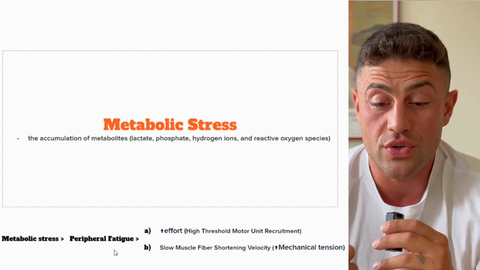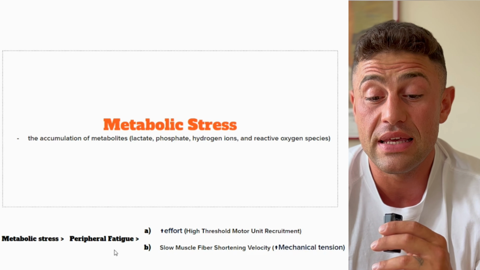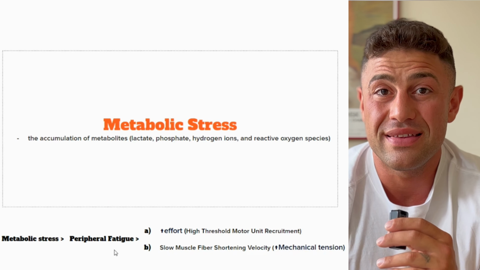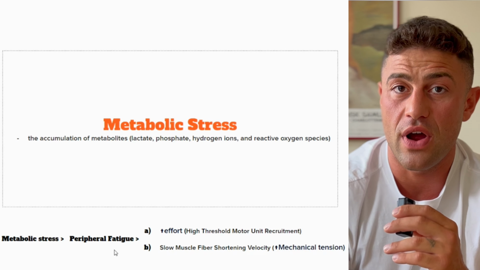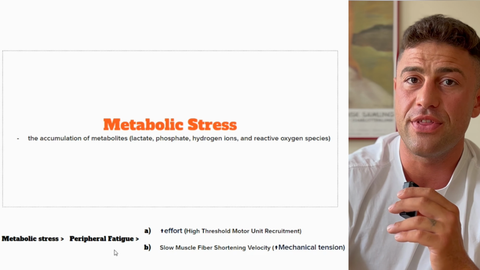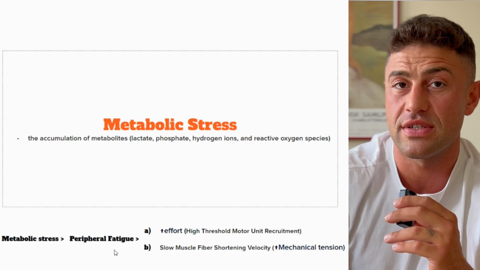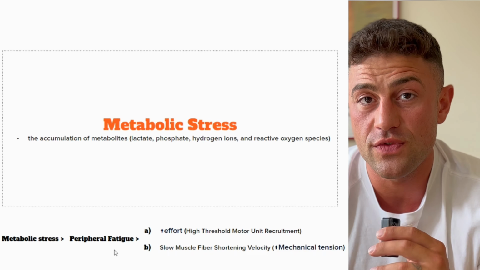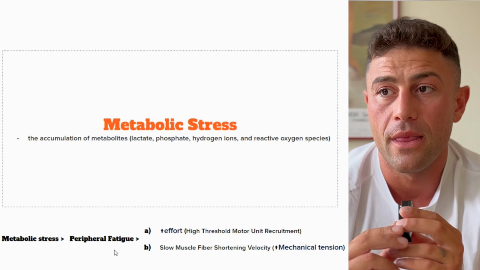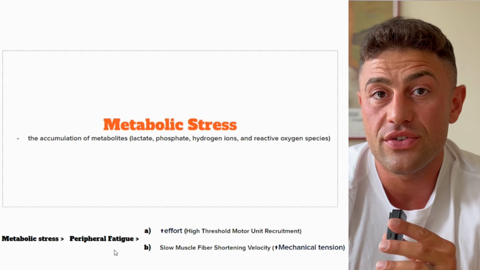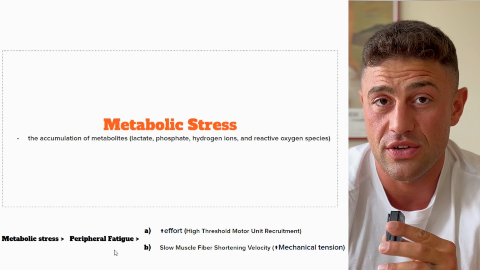Now, another situation that happens because of the accumulation of metabolites that leads to peripheral fatigue is a decrease in shortening velocity in our muscle fibers. So we're gonna lift the object that we are lifting at a slower velocity. And because of the force velocity relationship, if you guys are familiar with that, it's gonna increase the mechanical tension experienced by the single muscle fibers.